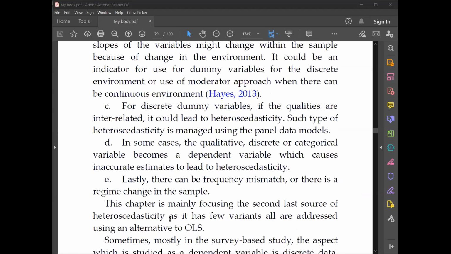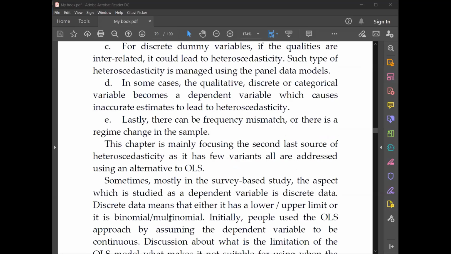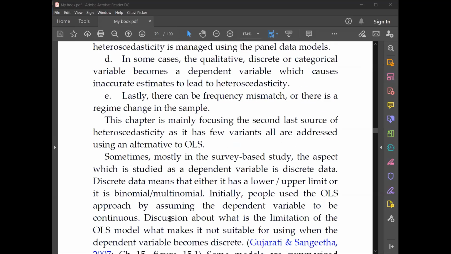Okay, lastly, there is a frequency mismatch, or a regime change in the sample. Frequency mismatch means that one of the data is quarterly and the other is annual. Even if you transform the data, it will not give similar results.